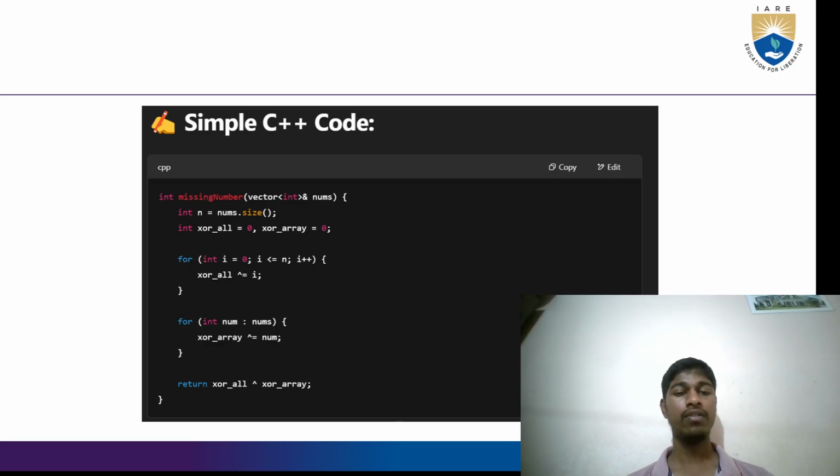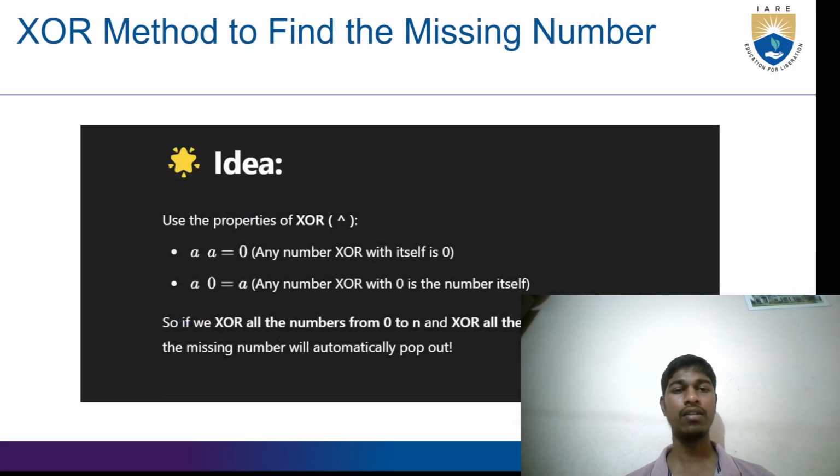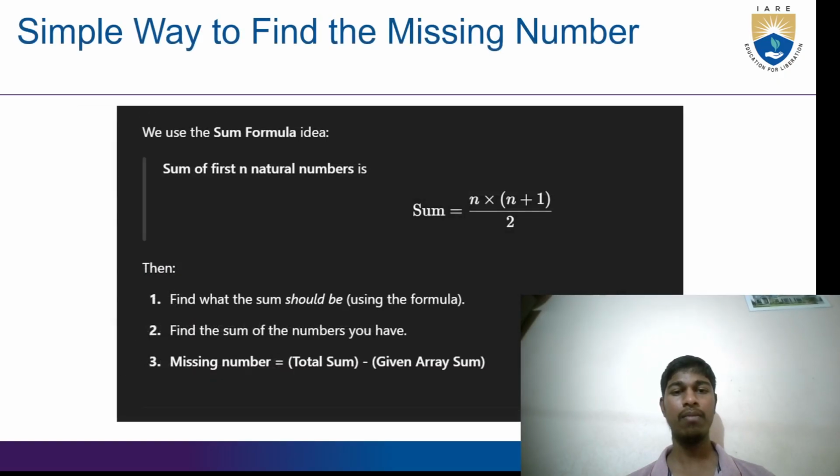And we need to run a for loop from int i is equal to 0 till i is less than or equal to n, and we need to XOR all from i to the array size, and the same for XORarray, and we need to return XORall XOR XORarray. Then we will get the missing number. It is similar to the sum formula.